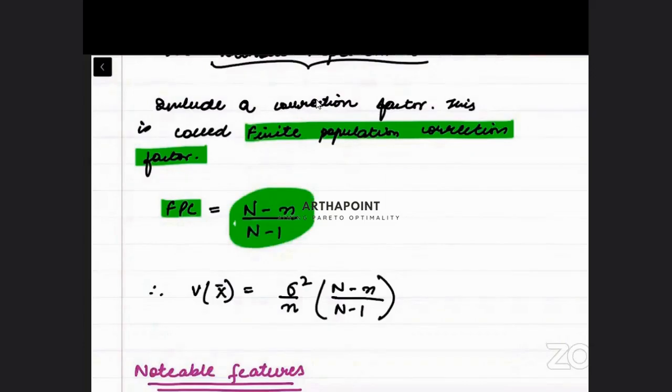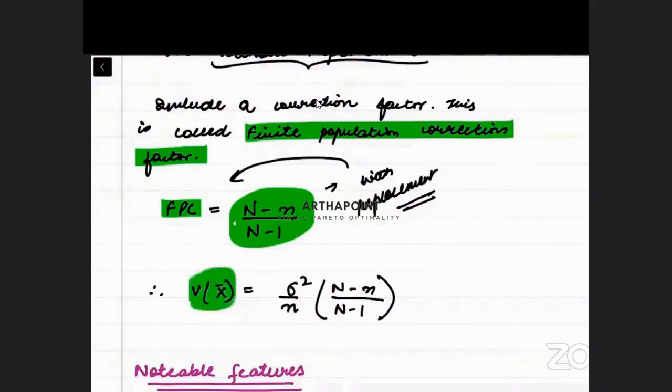So in the variance for without replacement, you will include this correction factor.